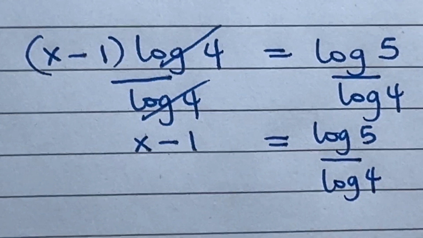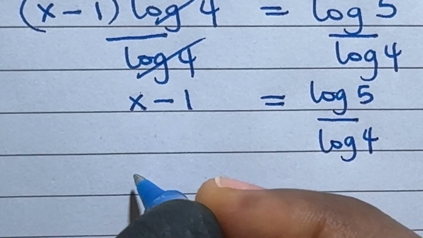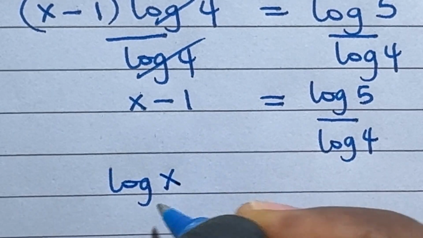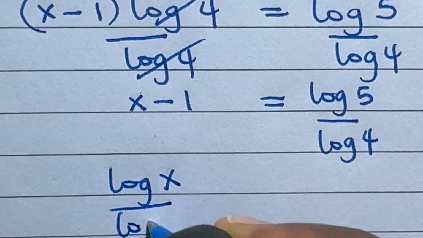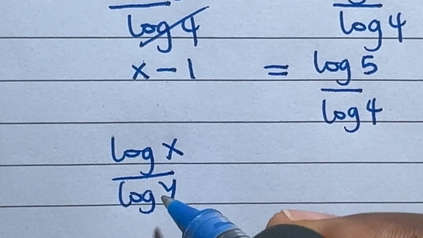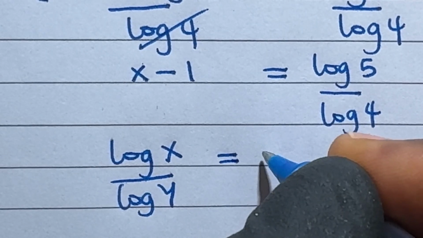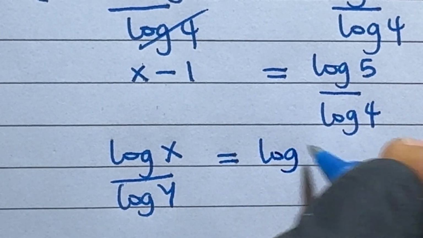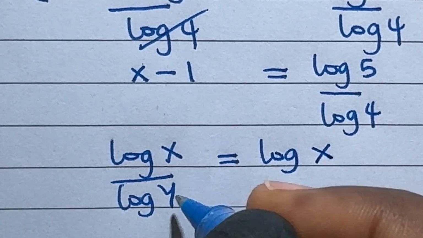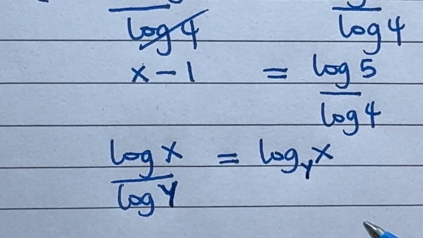There's another law of logarithm that says if you have, for instance, log x over log y, as long as both logarithms are in the same base, you can consolidate them into one logarithm with the one at the numerator written as so, and the one at the denominator, which is y, becoming the base.